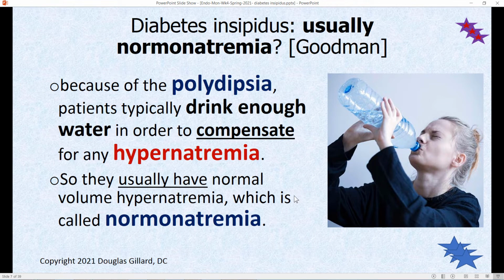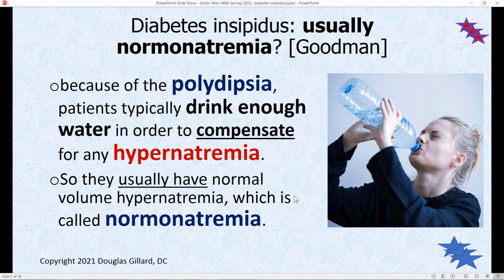In reality, though, you're normonatremic. Because of the polydipsia, as long as your thirst centers are working okay in your hypothalamus, you are going to drink too much water, and that'll compensate for the hypernatremia. Right?